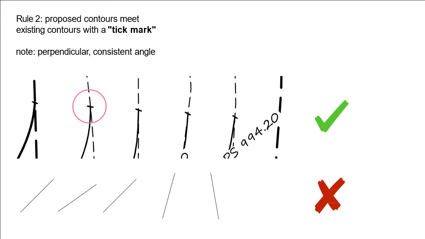Now, this is easy to do when you are drafting, but when you're in AutoCAD, you will be tempted to simply take your tick marks and copy them from one contour to another. The fact is you can do that, but you're actually going to need to rotate them to make sure that they are in fact perpendicular at a consistent angle to the point where the existing and the proposed contours join.